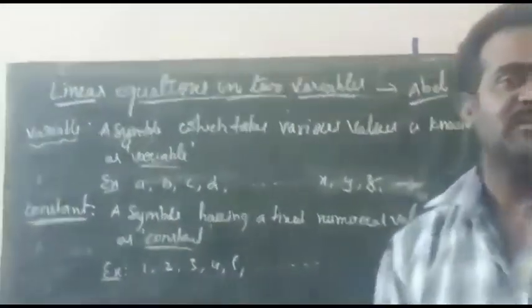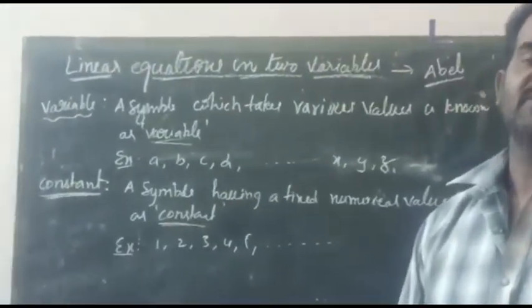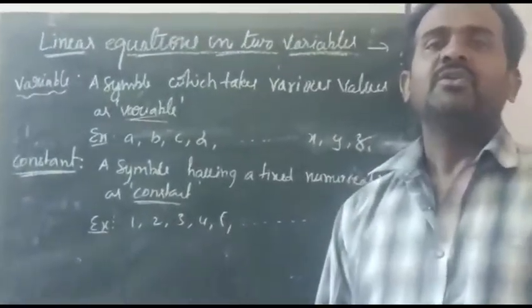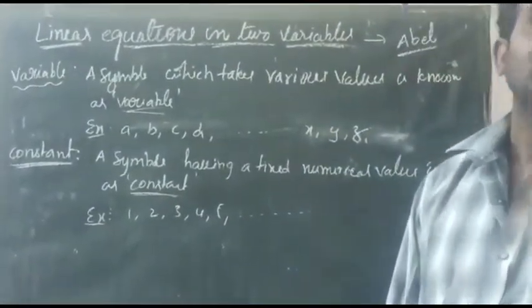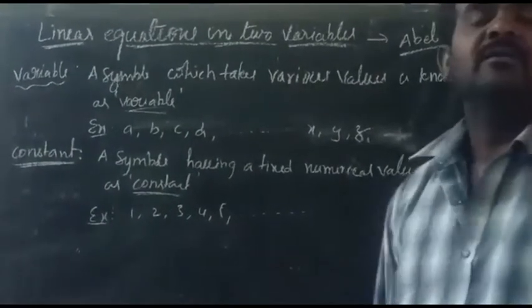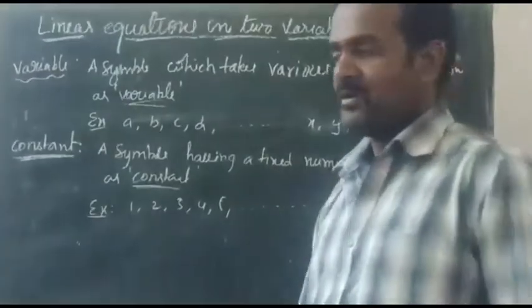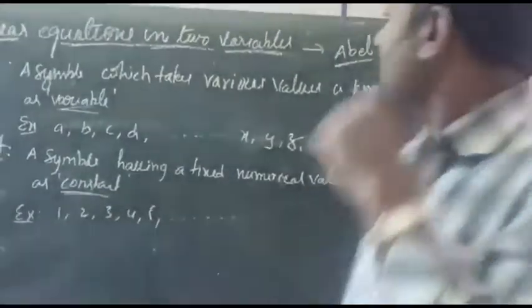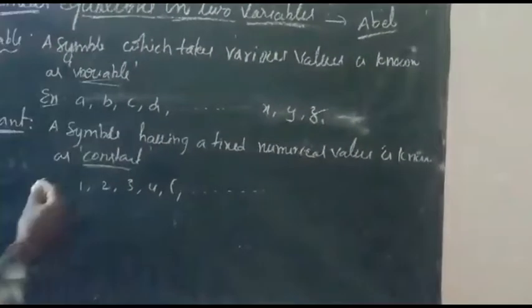The example is 1, 2, 3, 4, 5, 6 and so on. So all the numerical values are taken as constants.